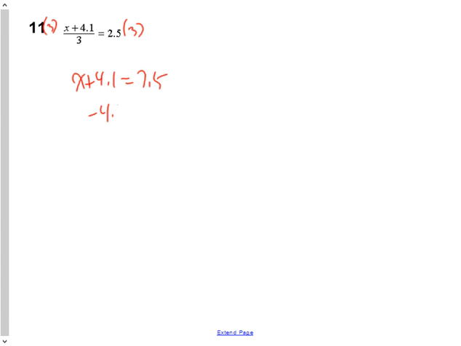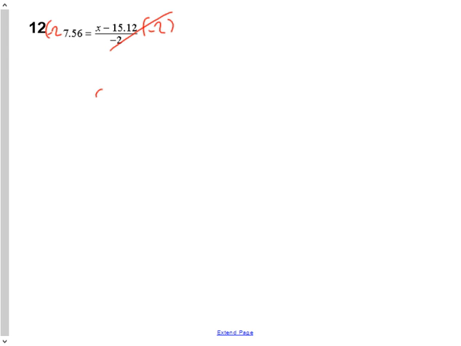Subtract the constant. Question 12, getting easier.